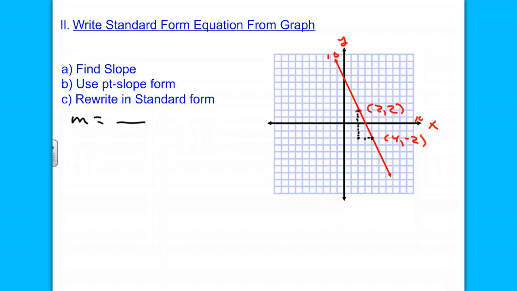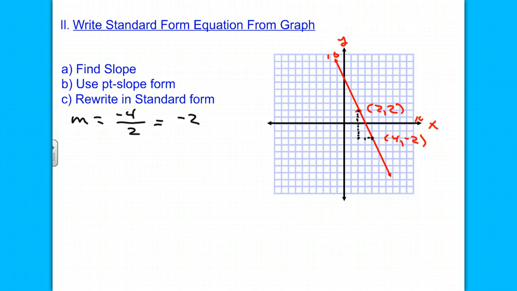So is it a rise or a drop? Is it a positive or negative rise? Going from here to here. Oh, a negative. So you're going -4, and then you're running a +2. So what will it be when we simplify? Actually, the 4 is on top. So -2, it's -2 over 1, right? So -2. And now we're going to plug that into point slope form with one of these points.